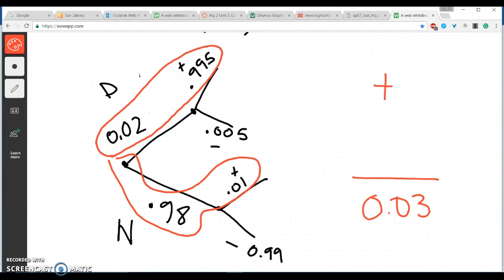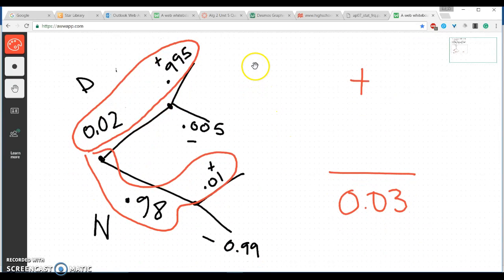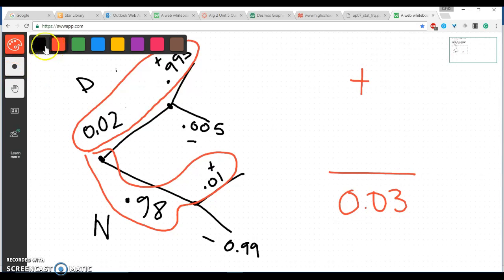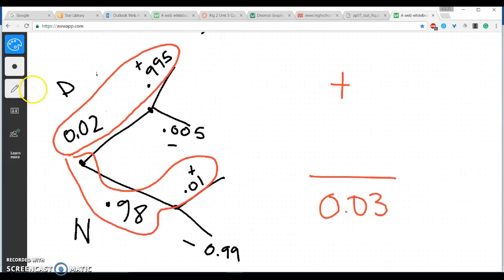Now let's figure out the people. So we have to go back up and see who we wanted. We wanted the people who actually did drugs. So the people that actually did drugs would just be this amount right here. This amount's not included because they didn't test positive, so we just need that amount.